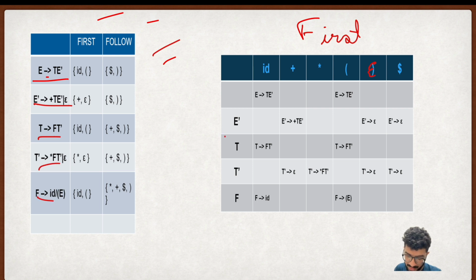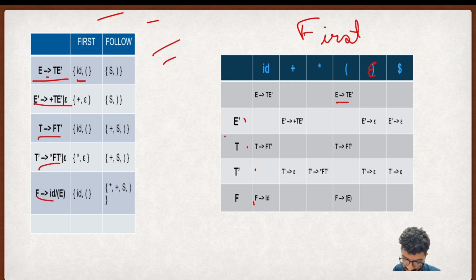Wherever ID is used, we put E tends to T E dash. And because we have an open parenthesis, in the place of the open parenthesis we also give E tends to T E dash. Subsequently for all the steps, we are inputting and making the predictive parser table.